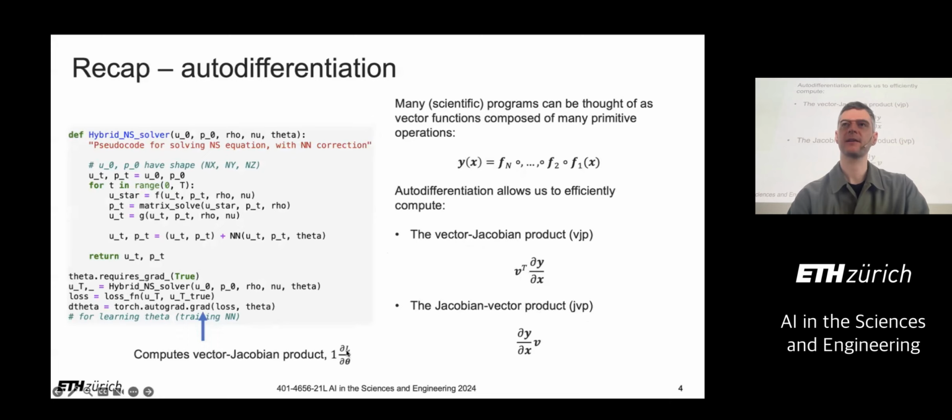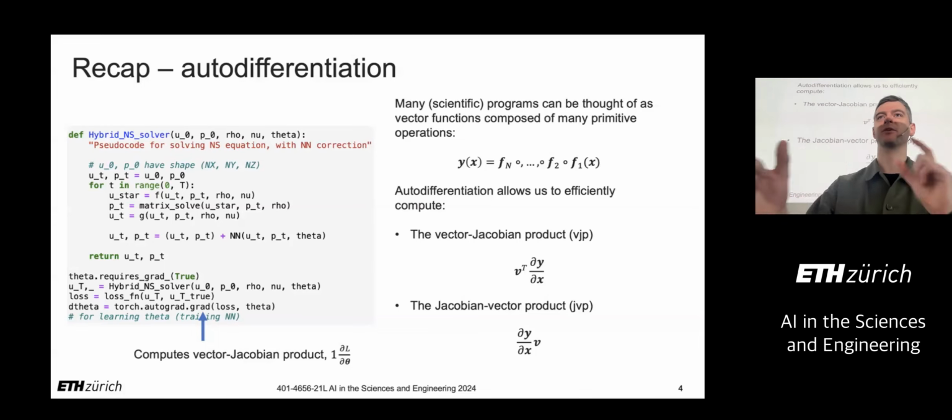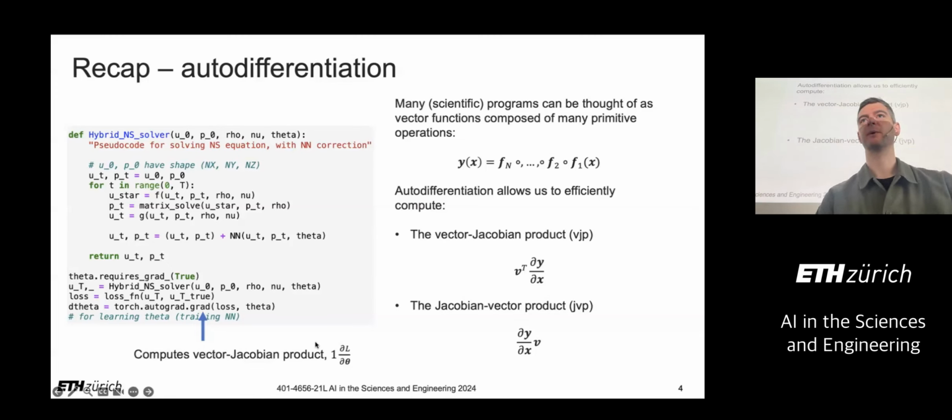But typically what we're doing is we want the gradient of the loss with respect to theta. You can think of this as a Jacobian, but it's just one row, because the loss is a scalar value. So what's the vector Jacobian product of a single row? It's just a scalar times that row. And we always choose that scalar to be 1 when we call loss.backward in PyTorch.